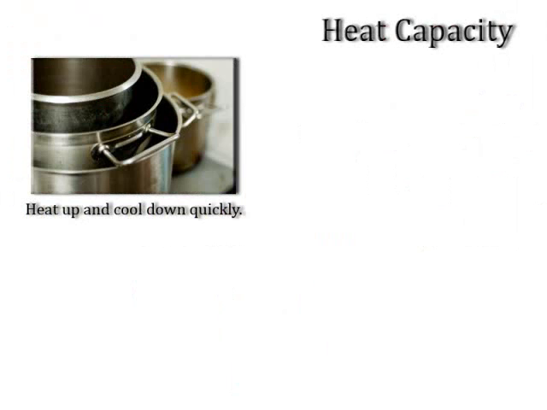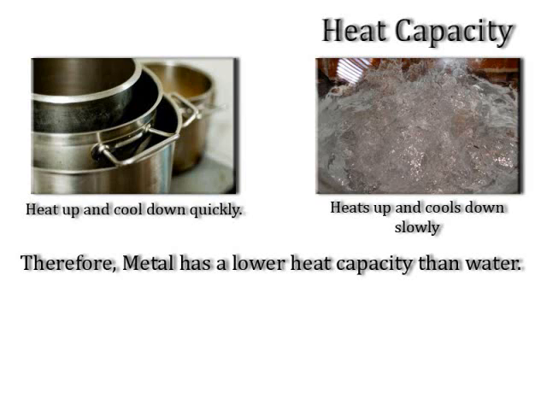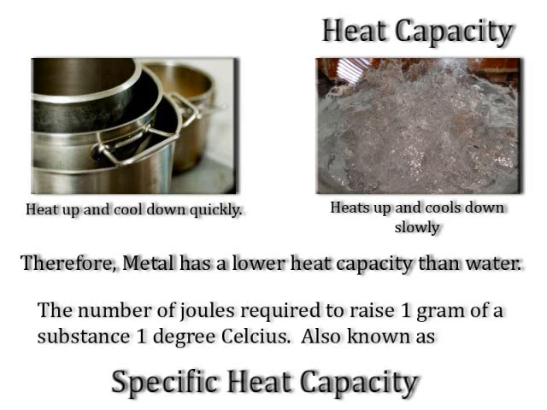If you've ever been around anyone who's cooked, you know that metal pots heat up and cool down fairly quickly. Water, on the other hand, heats up and cools down slowly compared to the metal pots. We can say that water has a higher heat capacity than the metal pots. Every substance has a different ability to absorb heat from the world around them.